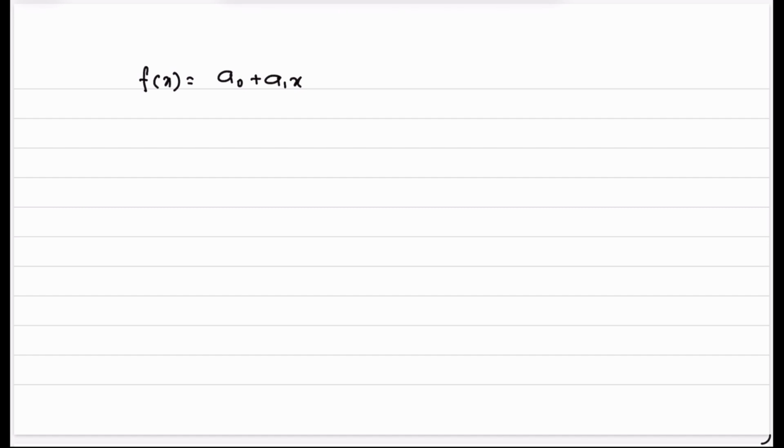For example, if x is equal to 0, at the origin, at x is equal to 0 on the x-axis, then f(x) will be a naught plus a1 into 0, that is equal to a naught.